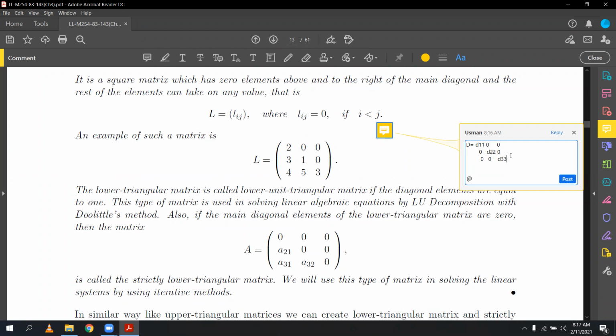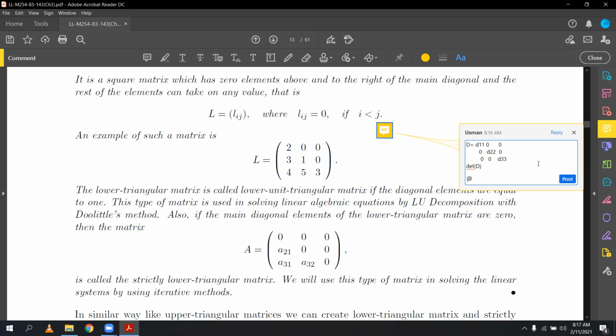And what we wish is that all the diagonal elements should not be equal to 0. If any becomes 0, we still call it diagonal, but it causes problems. Now, the main thing we need: what is the determinant of D?